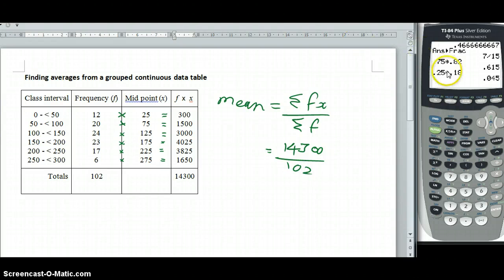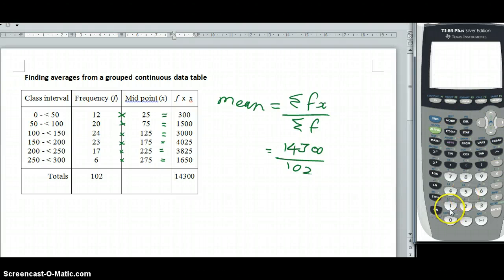And switching over to the calculator, let me just clear all that. 14,300, and we're going to divide that by 102. And we've got an answer of 140.